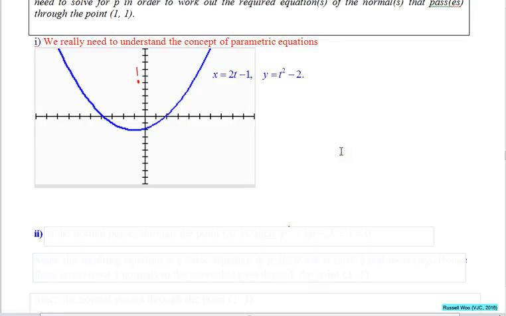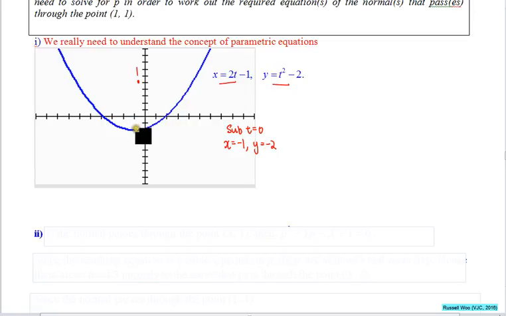But what I do want to go through is this. Now, what do we actually mean? Actually, some of us are very confused, don't know what is parametric. See, this one, let me illustrate. If I substitute t equals 0, what do I get? I get x equals minus 1, y equals minus 2.